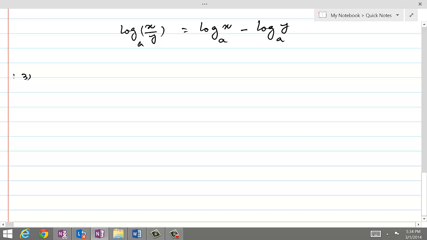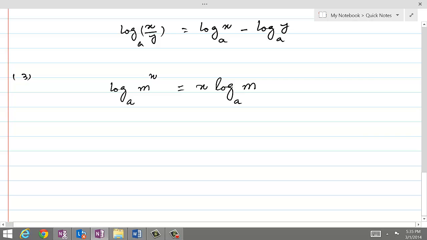The third law of logarithm states that log of m power n base a is equal to n times log of m base a.